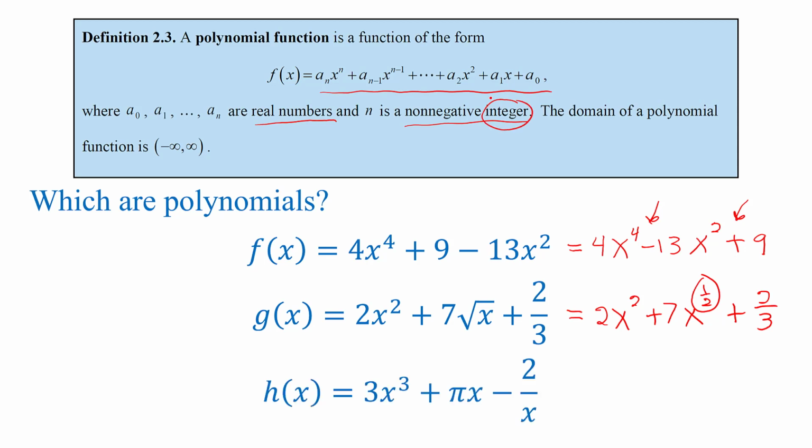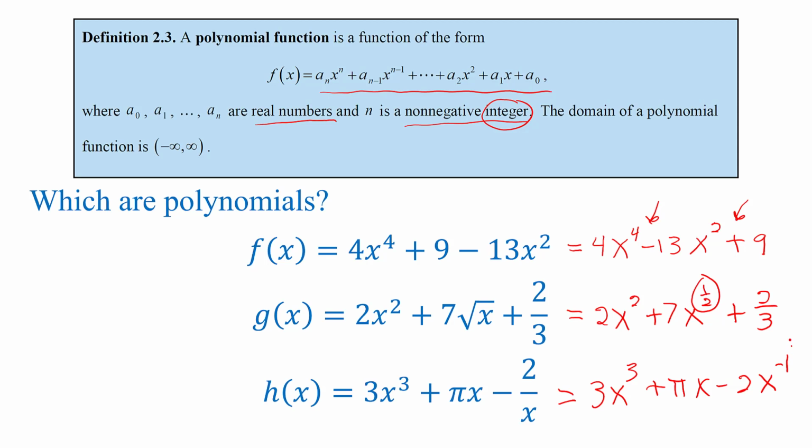And now h of x, which is 3x cubed plus pi x minus 2 over x. We rewrite h of x as 3x cubed plus pi x minus 2 times x raised to the power of negative 1.